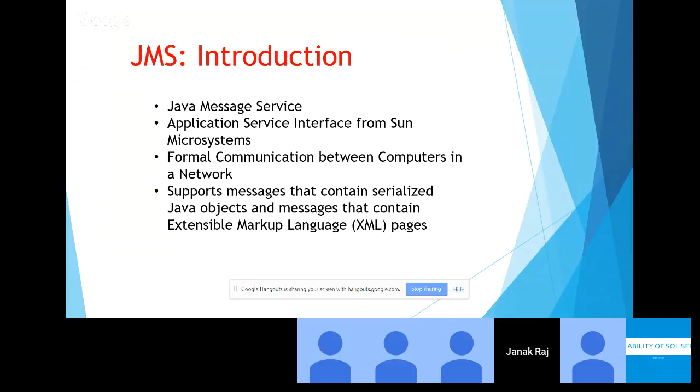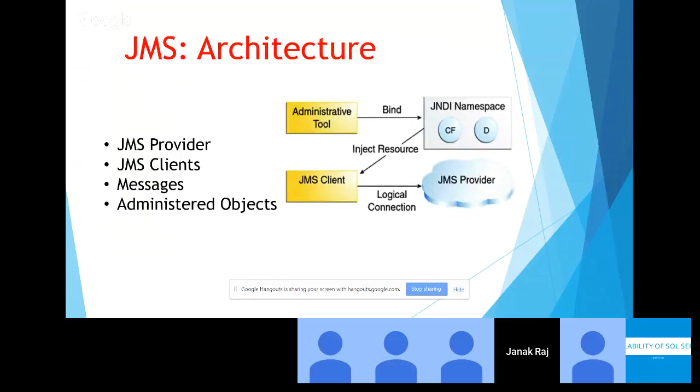After this short introduction, I'll move towards the architecture of JMS. We can see that it has four components: the JMS provider, JMS clients, messages, and administered objects. Let's talk about the JMS provider. A JMS provider is a messaging system that implements the JMS interfaces and provides administrative and control features.